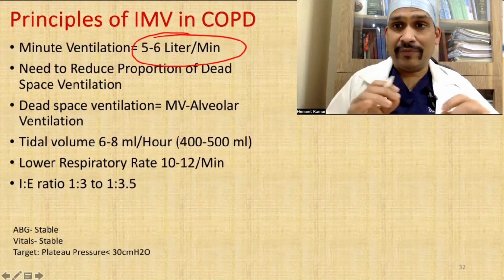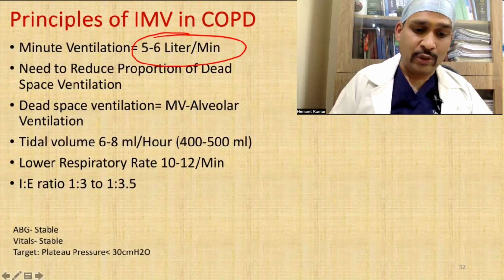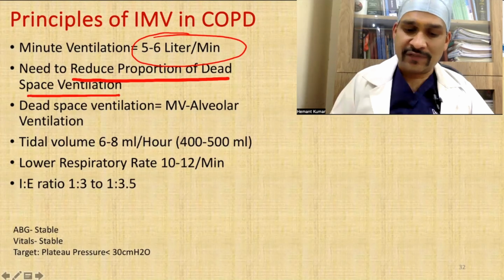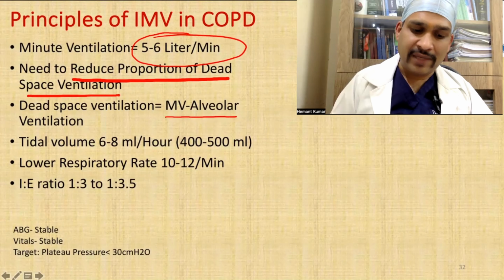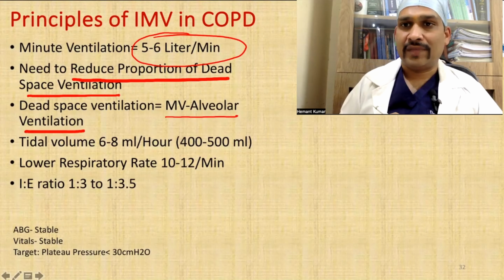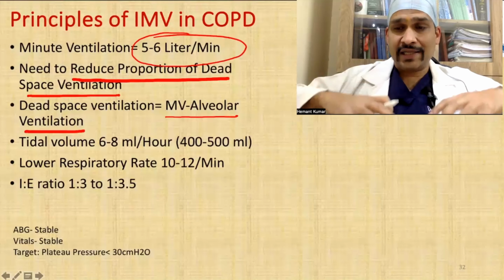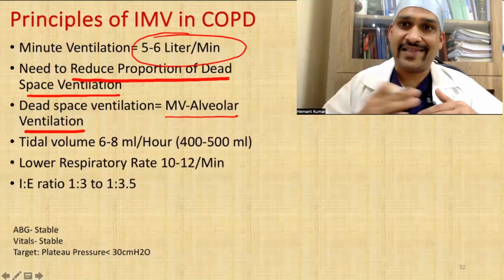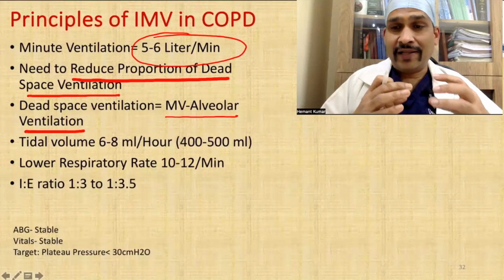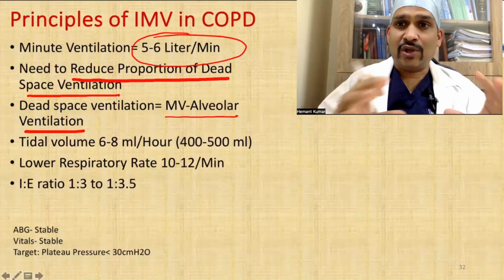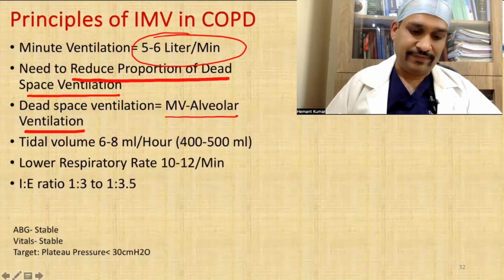But we should remember that we have to reduce the proportion of dead space ventilation. So what is dead space ventilation? It is minute ventilation minus alveolar ventilation. Alveolar ventilation means the amount of gas inside the alveoli which takes part in gas exchange, while the gas which is not taking part in gas exchange is called dead space ventilation.